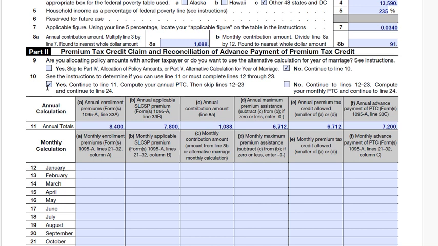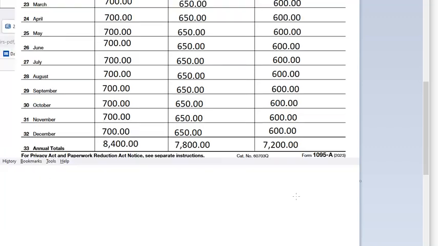And what it means is this: if we answer yes, then we can take the shortcut instead of filling out this entire table right here. If we answer no, then we have to complete this entire table. But here we answer yes, then we just need to complete this line 11. To complete line 11, again, go back to Form 1095-A here.